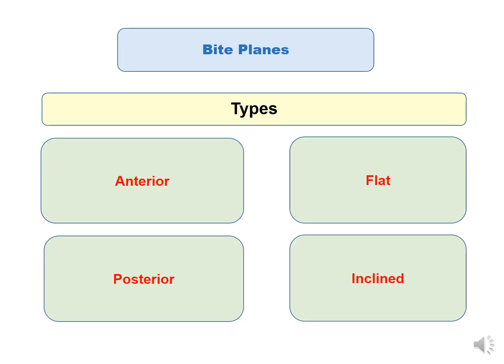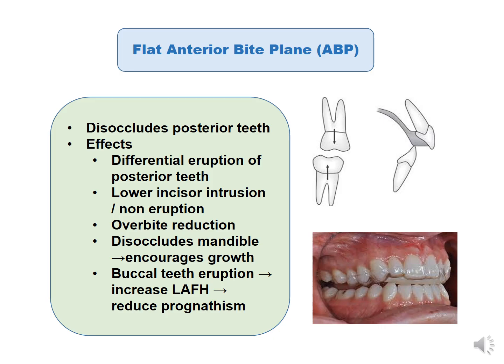Now, the simplest myofunctional appliances are probably the bite planes. There are a few types. They can be either anterior or posterior bite planes, or they can be flat or inclined bite planes. Let's have a look at the flat anterior bite plane. The flat anterior bite plane disoccludes the posterior teeth.